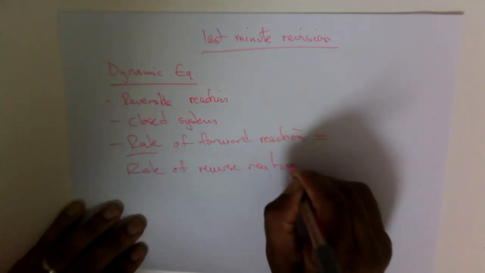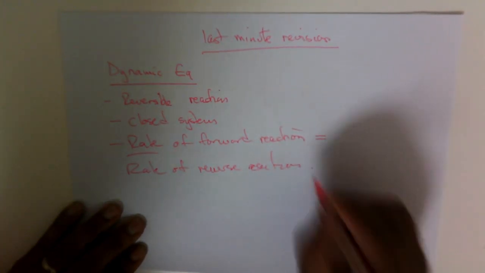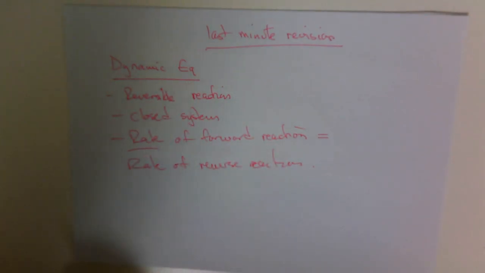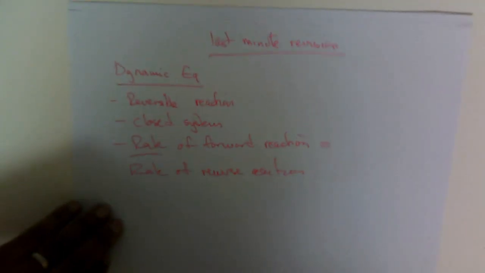So that is basically your few factors that you need to make a reaction at dynamic equilibrium. Right, let's quickly move on to looking at crude oil.